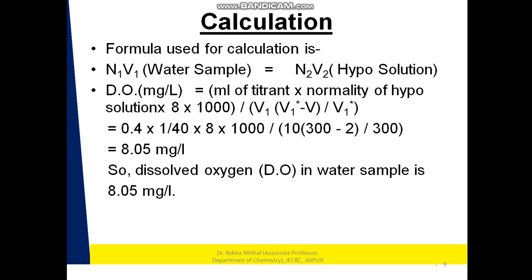After calculating, we get 8.05 milligram per liter. This is the dissolved oxygen present in the water. So dissolved oxygen in the water sample is 8.05 milligram per liter. This is the achieved outcome.